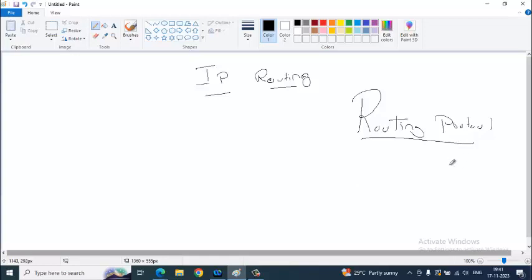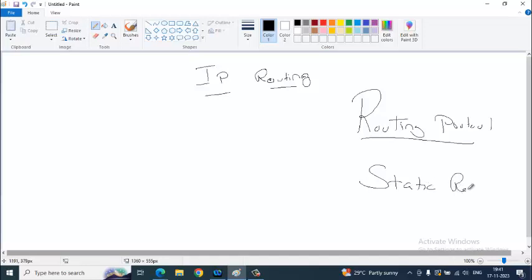Now, if you don't like routing protocols, then you need to configure the routers by manually writing the routes. We call it a static route, which is not possible in a large network.